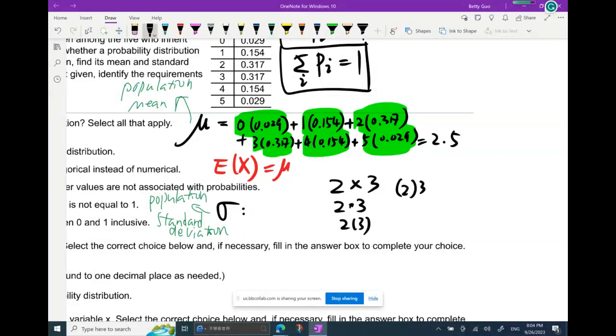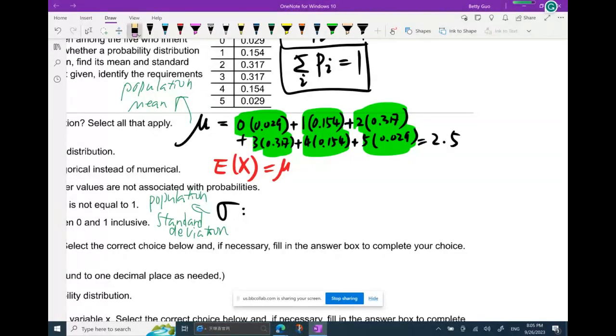With the parentheses, that means multiply. So we multiply the value and its corresponding probability, and we get 6 products. Then we add up those products. We should have 2.5. We don't have time to check that, but the answer is 2.5.